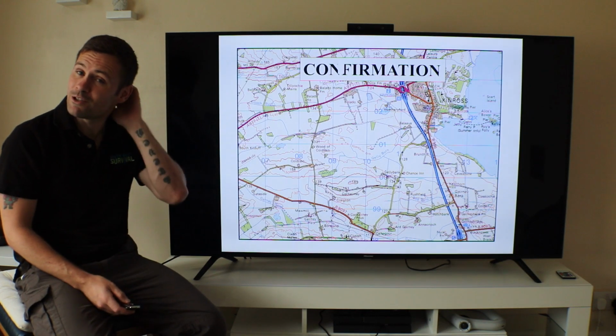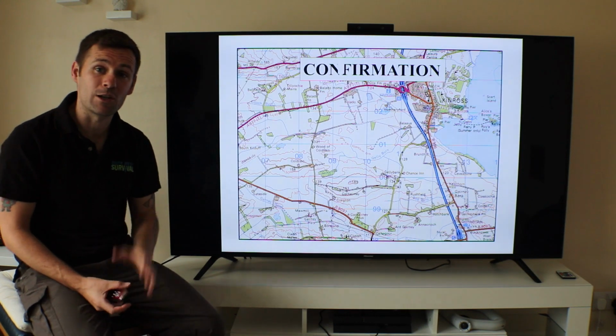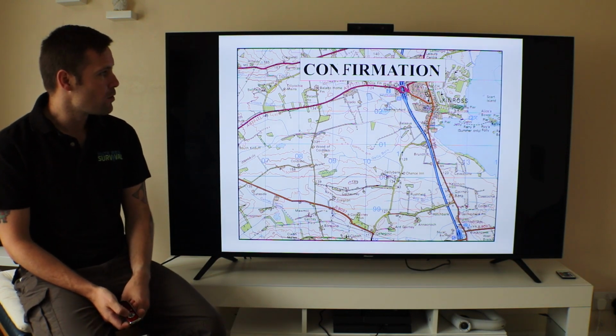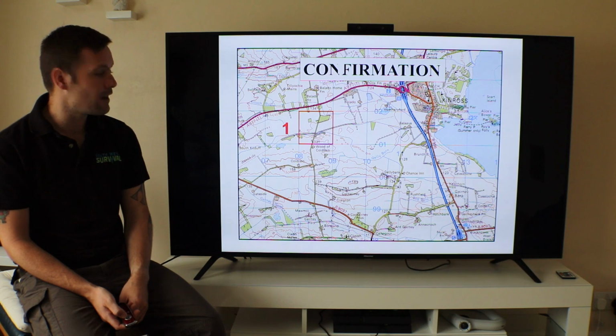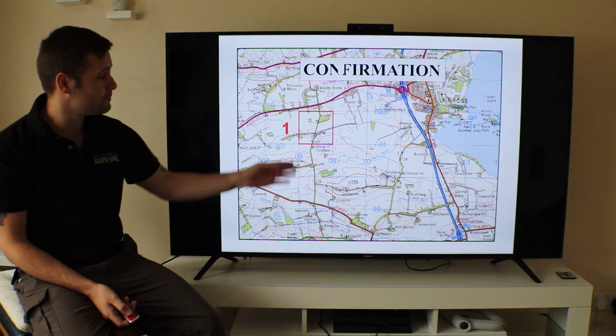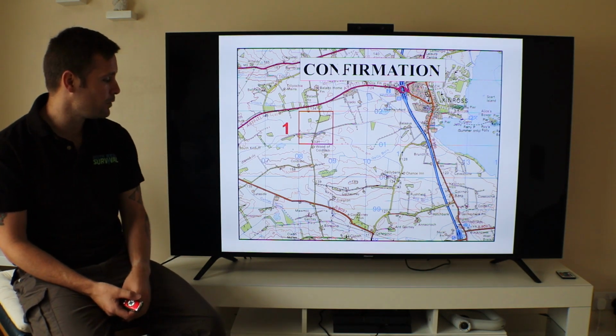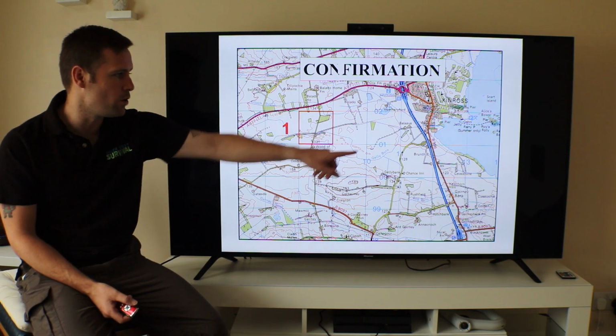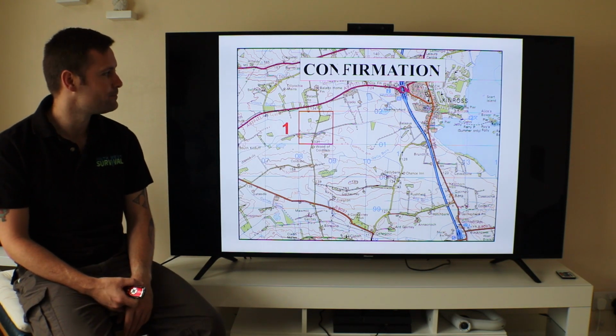So here are a few confirmations now. Get your notebooks and pens ready, and hopefully you can answer these before I give you the answer. I want you to give me a 4-figure grid to number 1 here. You can see your numbers going across: 07, 08, 09, 10, 11, 12, 13.